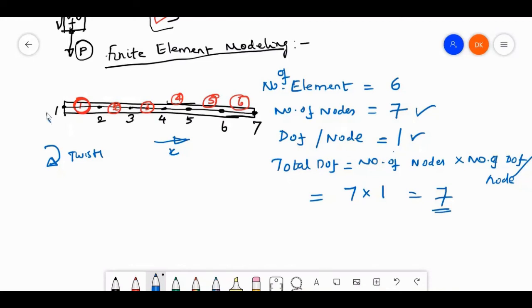If I take only one element, so this is node number 1, this is node number 2. This is element number 1. Here I have one displacement, here I have displacement.